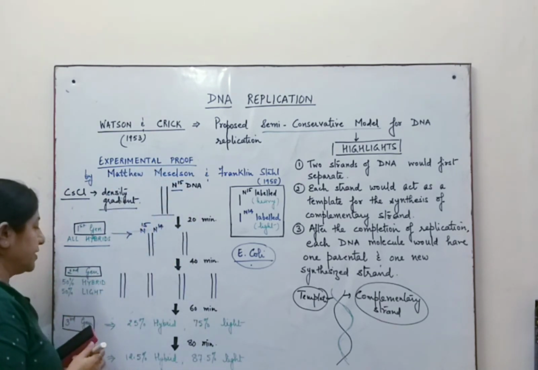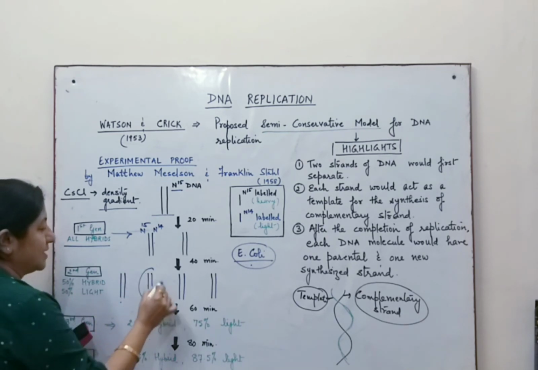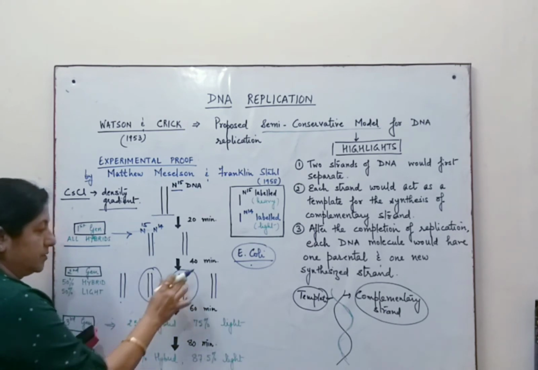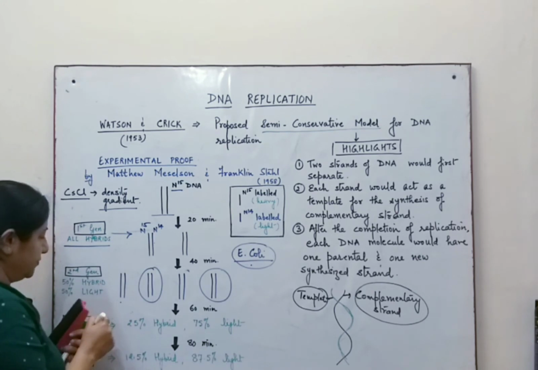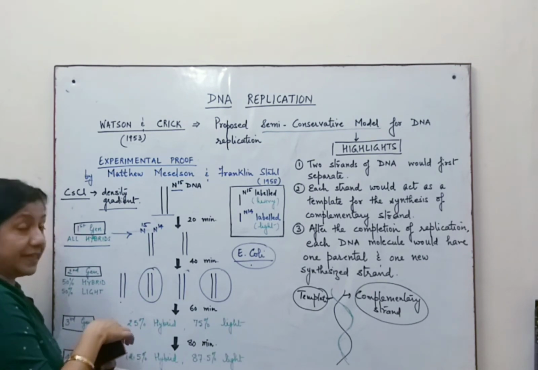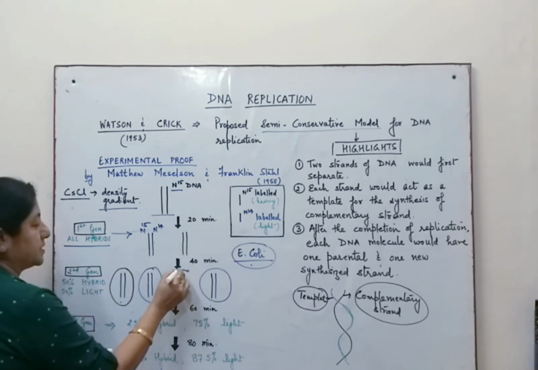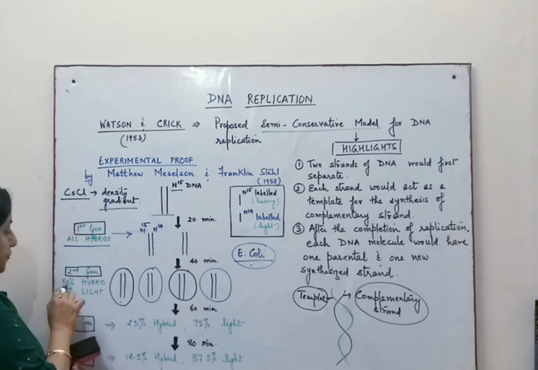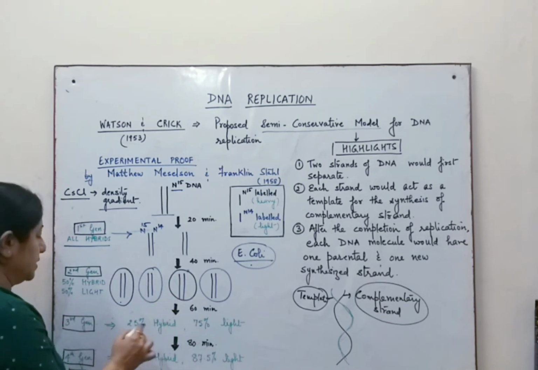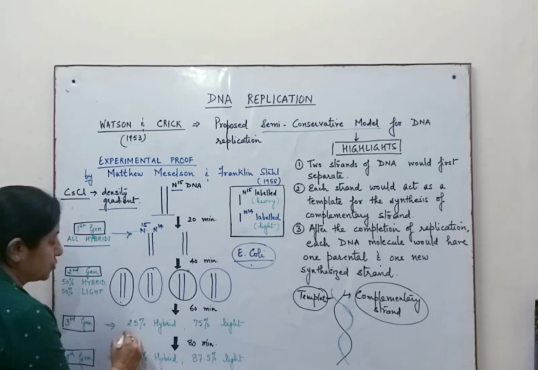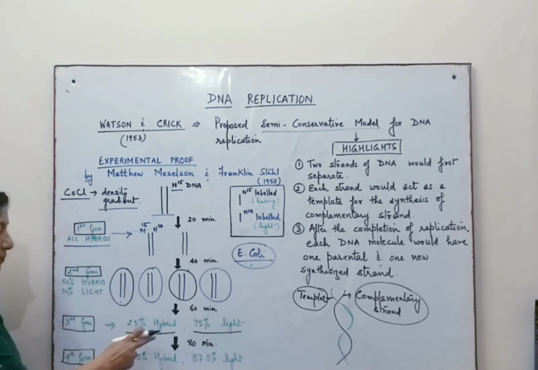Now in the second generation, it was observed that 50% was hybrid and the other 50% was light. In the third generation, after again 20 minutes, it was observed that 25% was hybrid and 75% light.